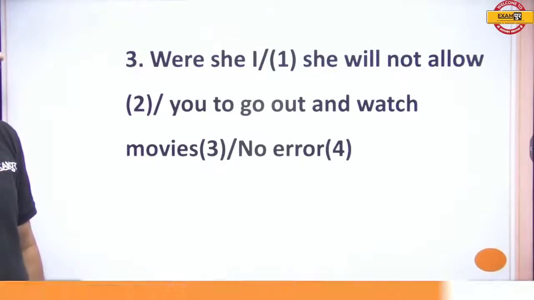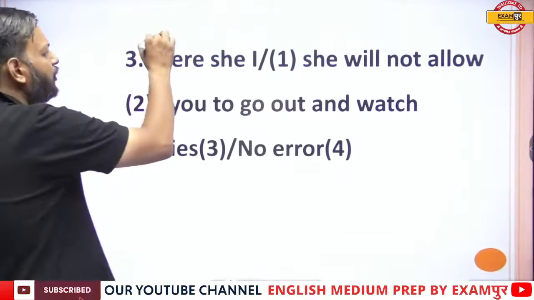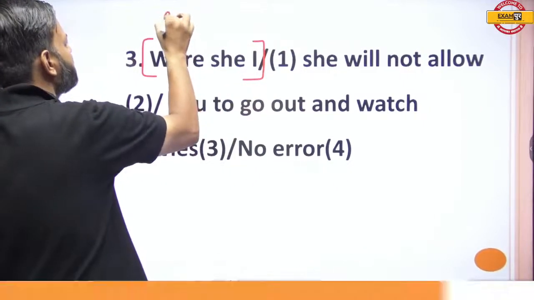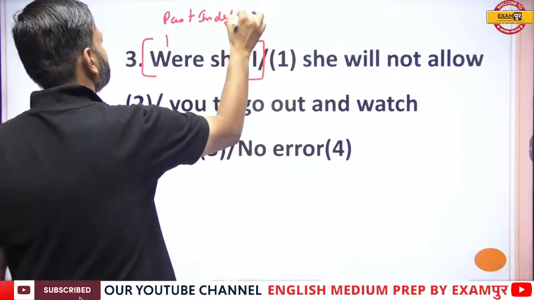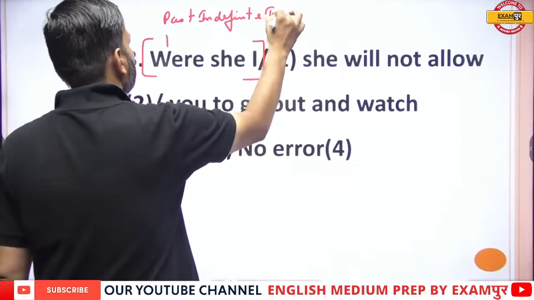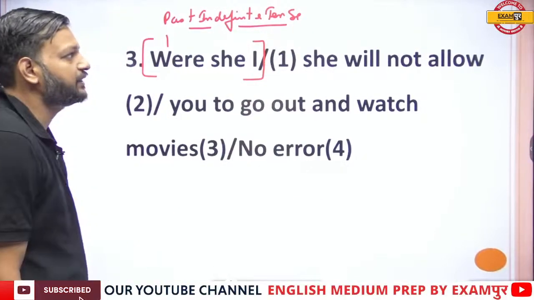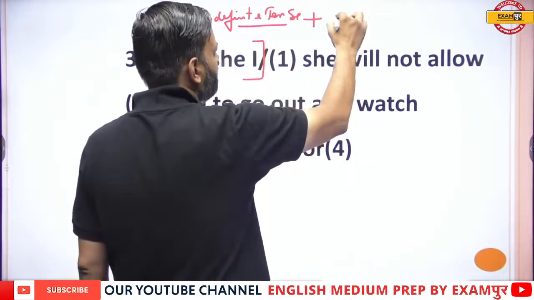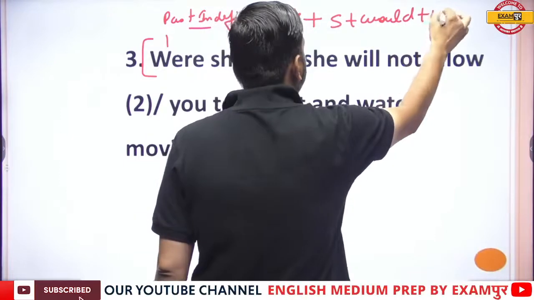Let's see the third sentence. Were she I, she will not allow you to go out. So here you can see were she I. This is a past indefinite tense, and after past indefinite tense, the structure of a conditional sentence must be subject plus would plus first form.